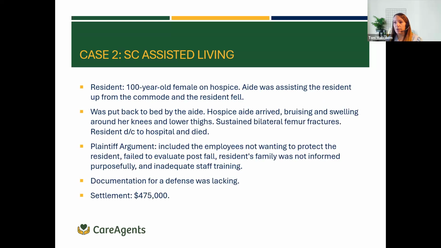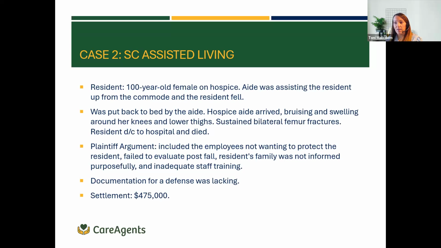The second case here is an assisted living in South Carolina where a 100-year-old resident was on hospice while she was a resident at the community. There was an aide assisting the resident up from the commode when she fell. According to the documentation, the resident was put back to bed by the aide. Later, a hospice worker arrived and noticed that the resident had bruising and swelling around her knees and lower thighs.